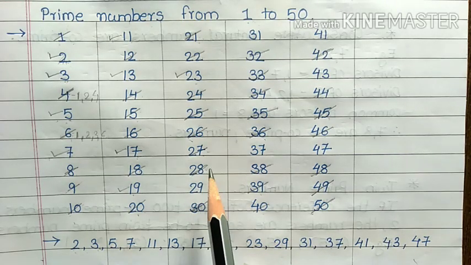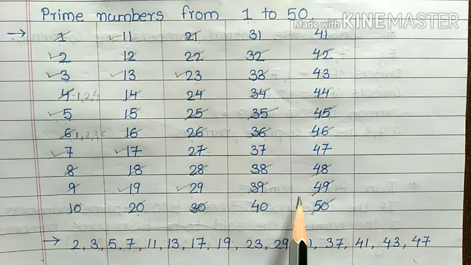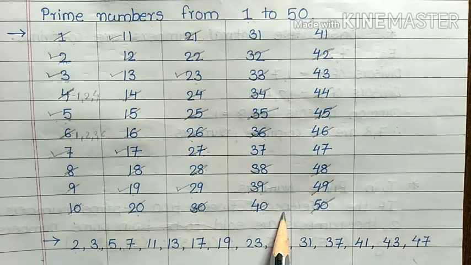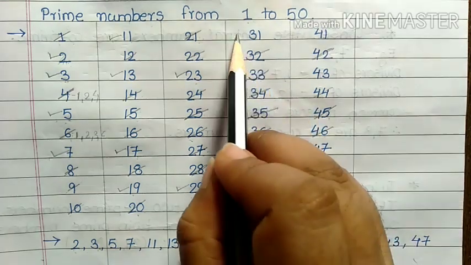These are all composite. 29. Within 50, nothing is divisible by 29. 30 is composite. 31.